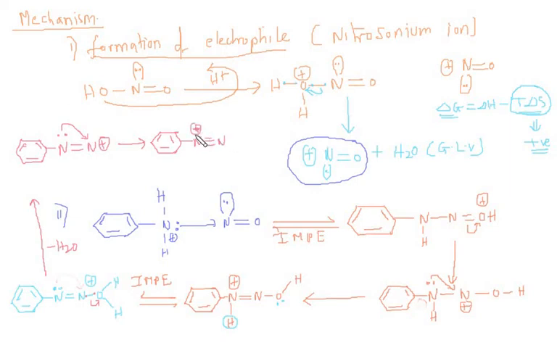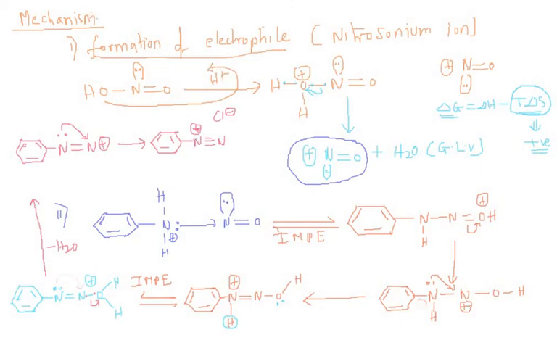As the system has an acidic medium, there is a chloride ion which gets attached to this one. So this is the formation of our diazonium chloride.